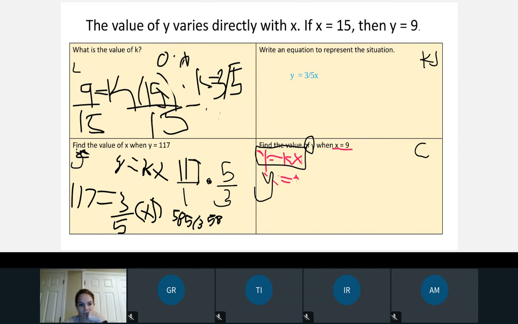You see it? Thanks, KJ. So the value for k was 3/5.